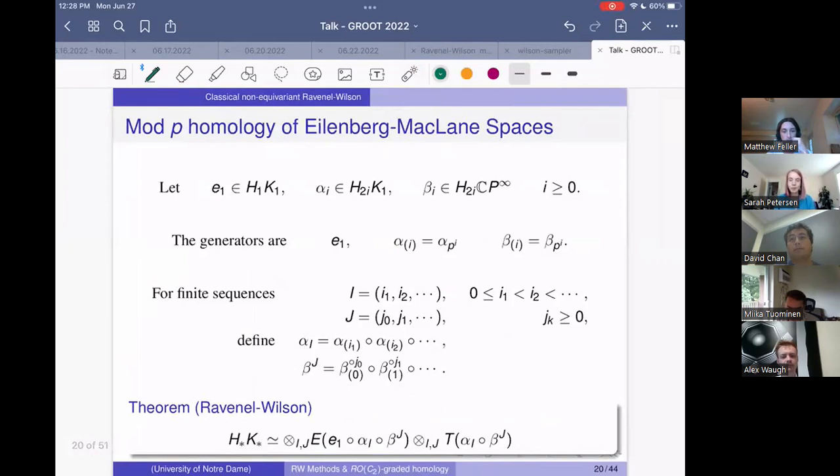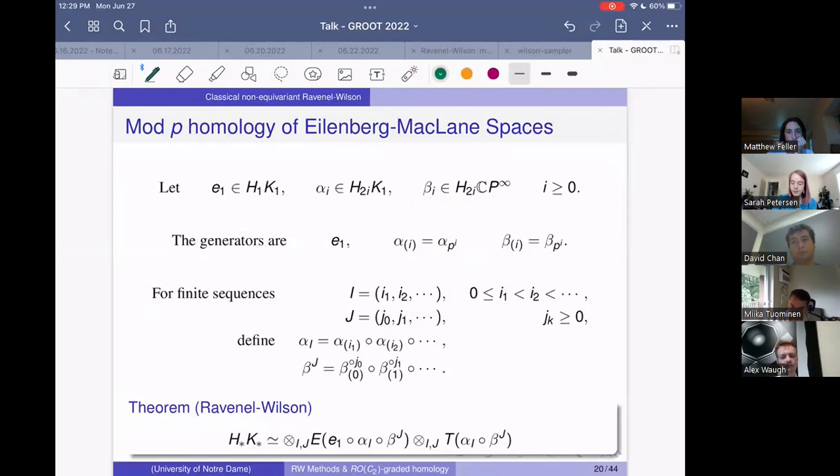So because this will be relevant to the C2 equivariance story, I'll show you what the Ravenel-Wilson answer is written down. So we have E1 living in the degree 1 homology of K1, alpha I lives in the 2I homology of K1, and these are the generators beta I coming from CP infinity.